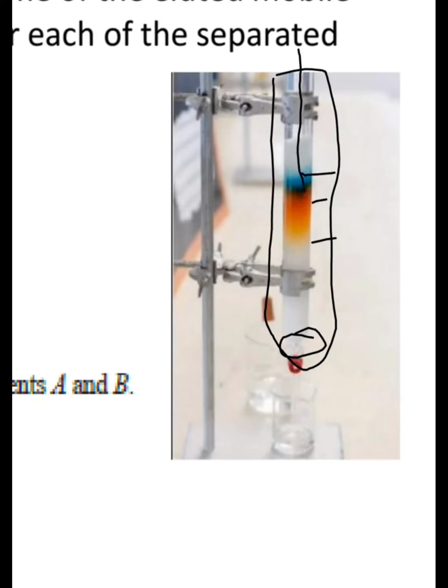The mobile phase absorbs the sample, and we collect the different bands over time as different samples. The mixture of samples is separated by the different bands formed here. This is the method used for column chromatography.